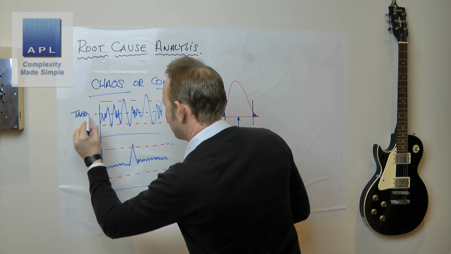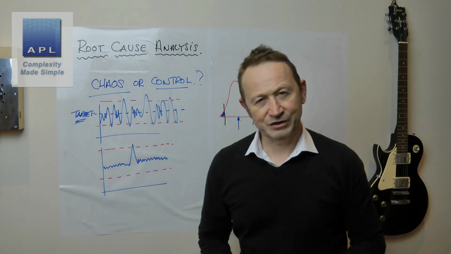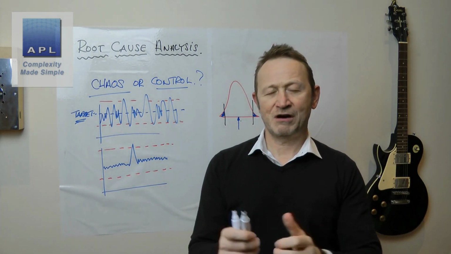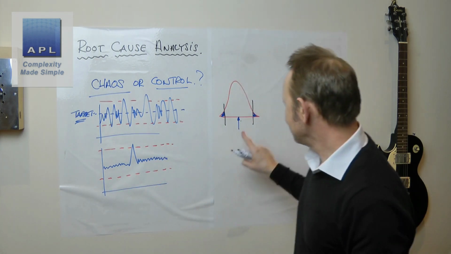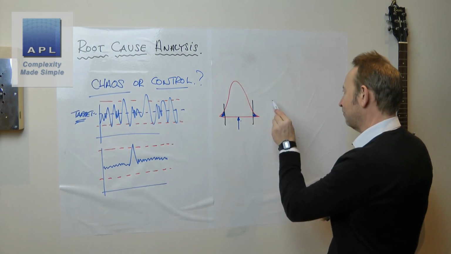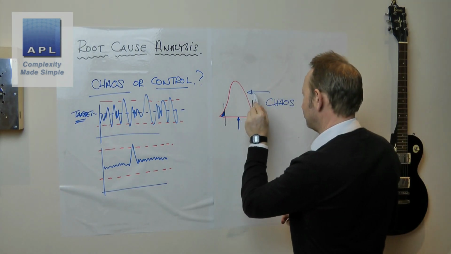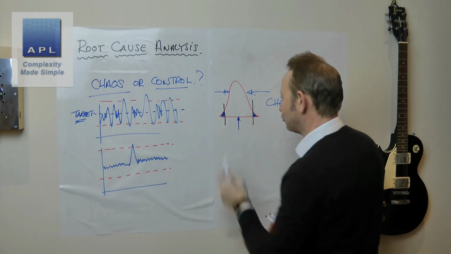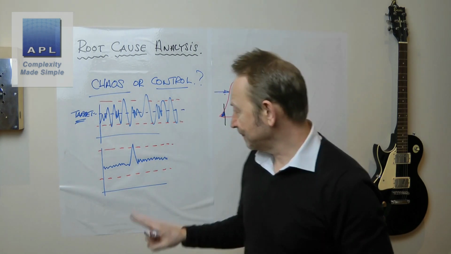The average of my results is dead on the target. My problem is I have too much variability in the process. Now, this is a problem with chaos. What I'm trying to do is to squeeze that distribution in.